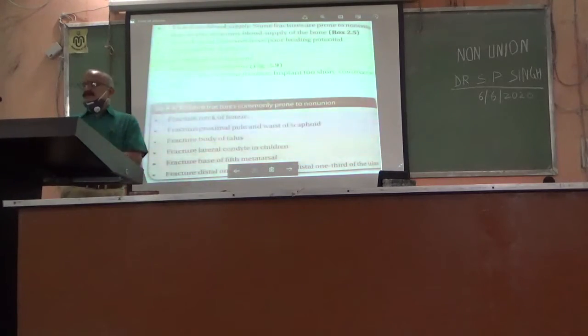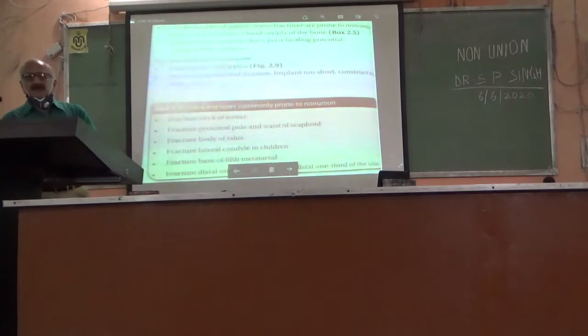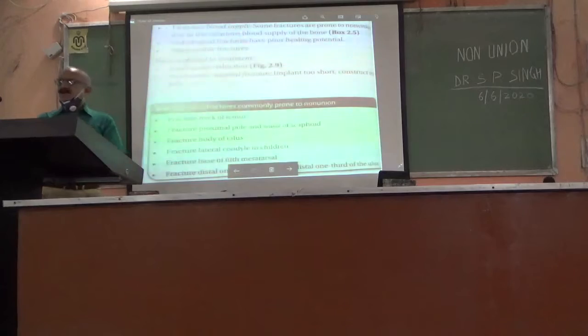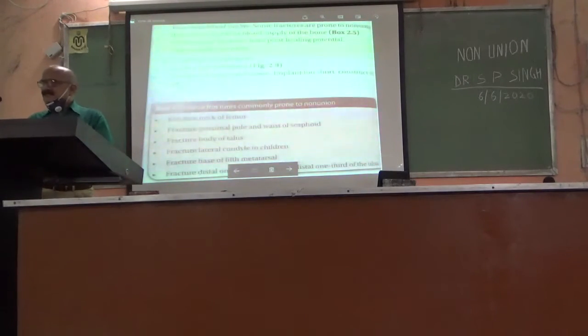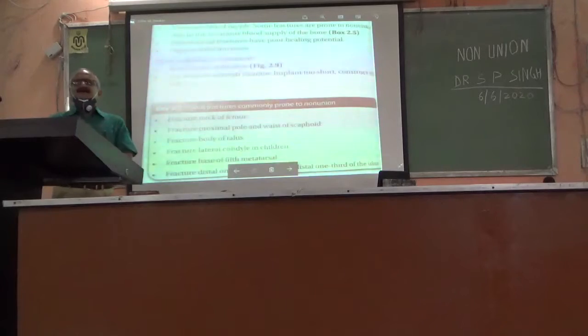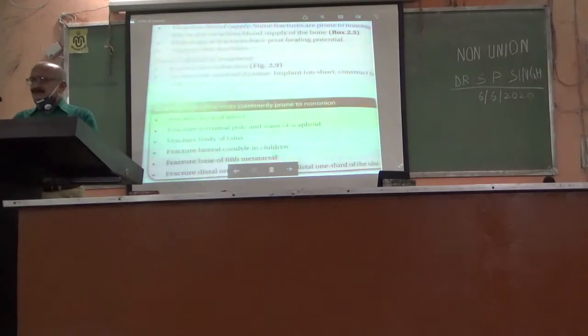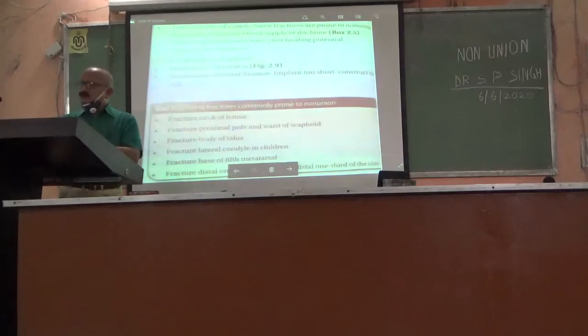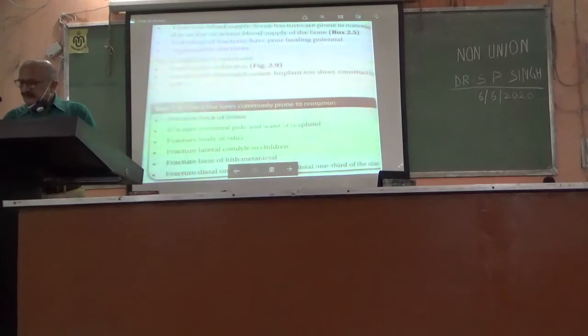Even tumors, because of osteolytic lesions or brittle bone, may fracture at a very, very low amount of trauma. So this type of pathological fractures is prone to go to non-union.